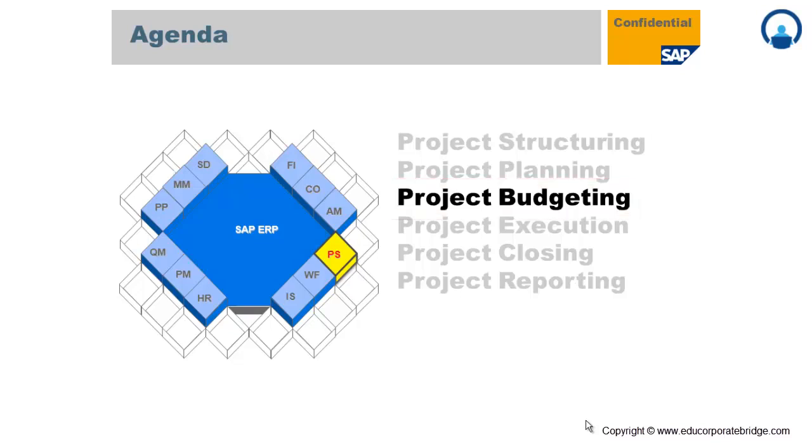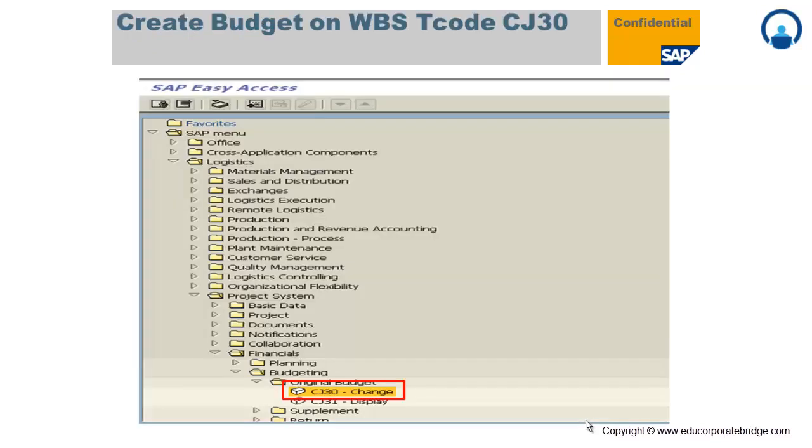Project budgeting. Budget is nothing but the allocation of funds to control your cost on a particular project or a WBS. The budget helps to control the cost and monitor your day-to-day commitments and actuals on that particular project.